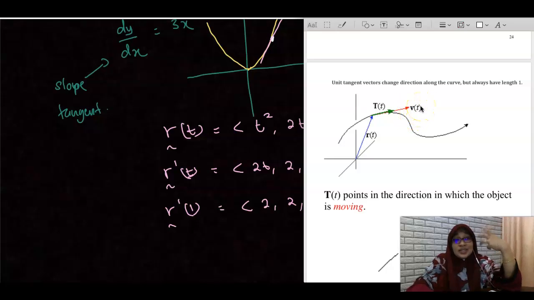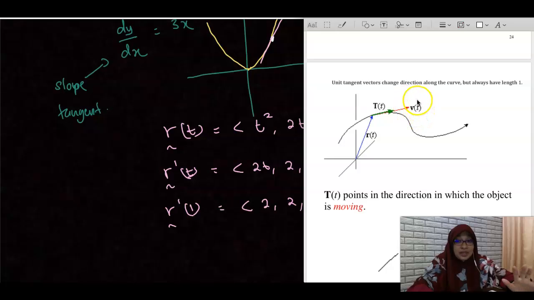So the computation, the formula is the same, but the way you elaborate is different. Before this we had v, the velocity vector, and the process to get the velocity vector is the same, which is r prime.